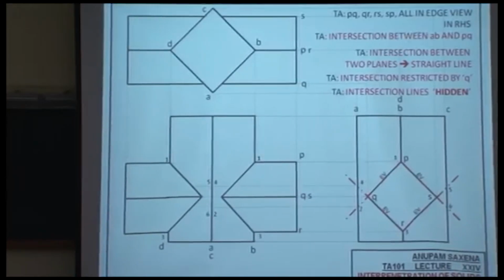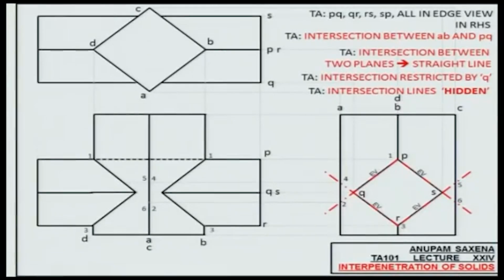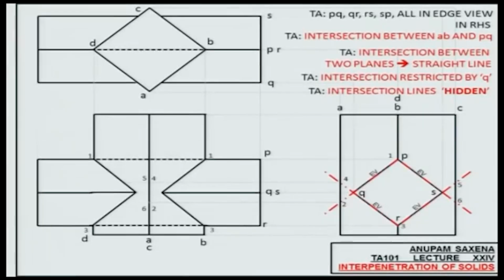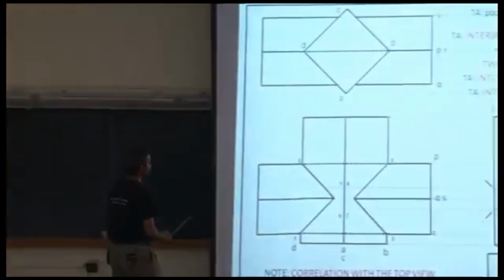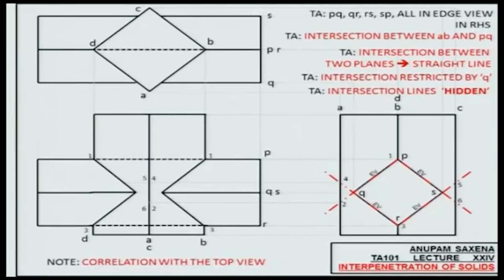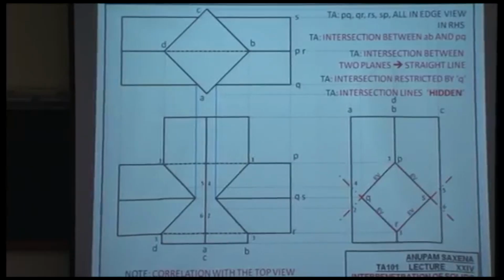All right, so the horizontal prism is penetrating inside the vertical prism, so you'll have a hidden line there, a hidden line there, and a hidden line there. Notice how these 2 points, they correlate with the top view. So if you take the projections up from these 2 points, this is where they occur.